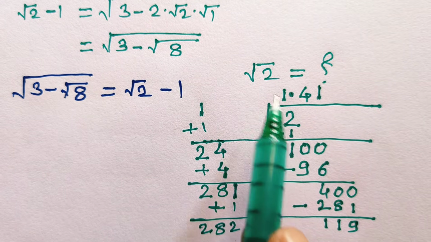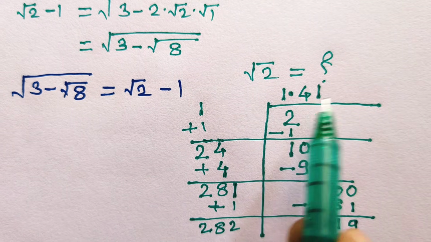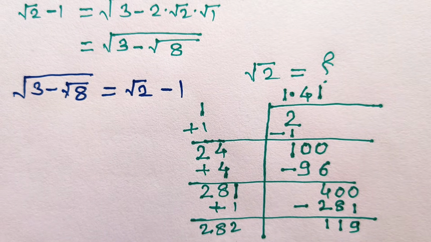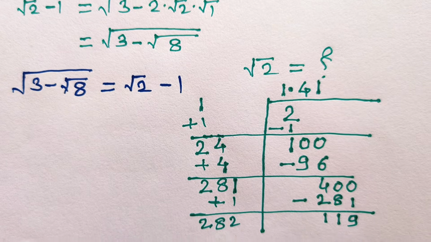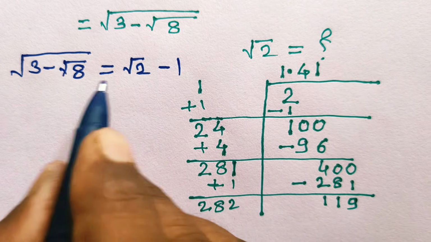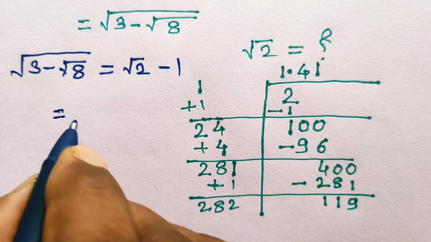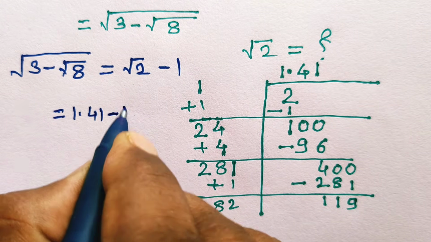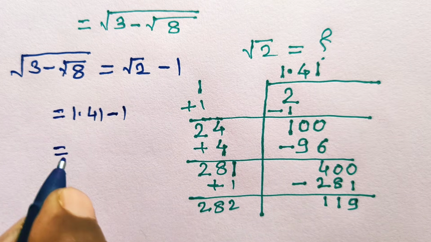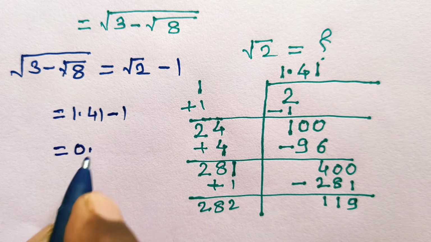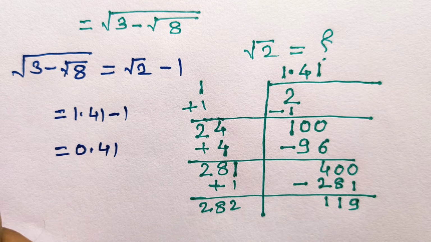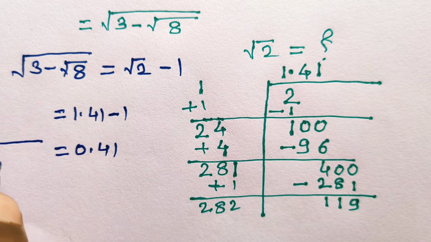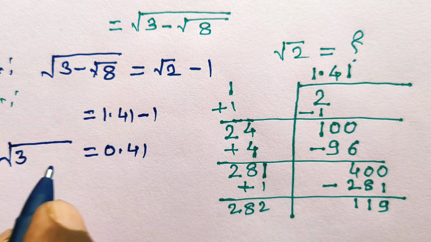Let us find square root of 2 up to 2 digits after decimal point. So we can put here, hence square root of 2 is equal to 1.41 minus 1, and this is equal to 0.41, and this is the value of given square root.